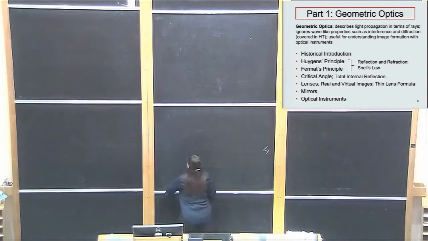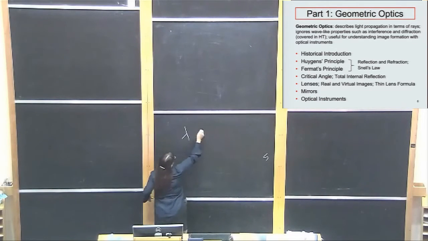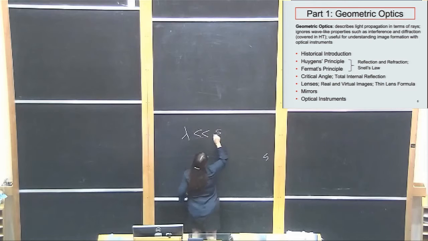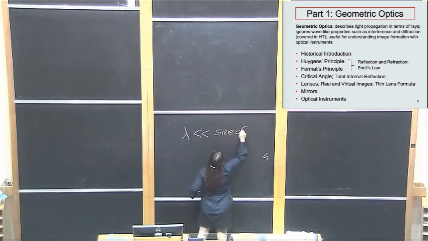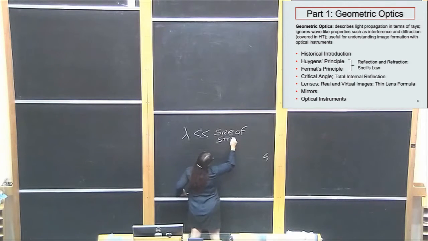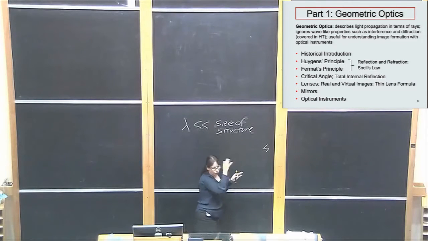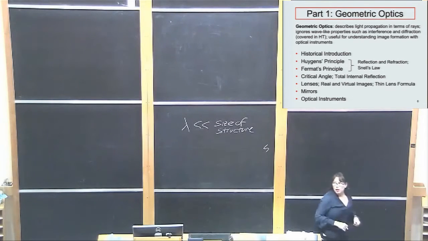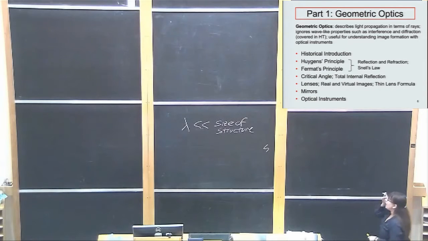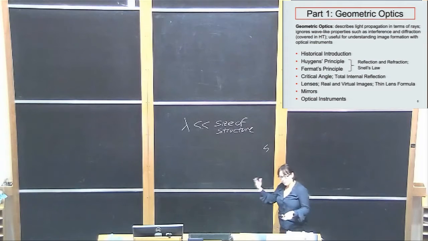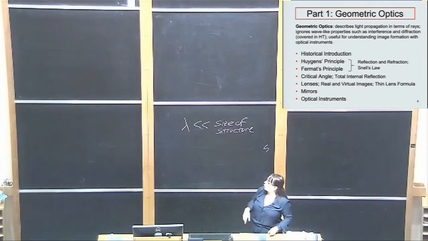It's a very good approximation if the wavelength is much less than the size of the structure with which light is interacting, so a lens or a mirror, whatever it might be. That's when it's a really good approximation, and therefore it's a very useful branch in understanding how lenses and mirrors, and therefore bits of optical equipment such as telescopes, actually work.